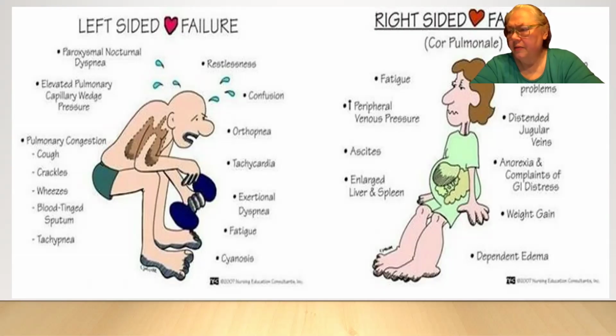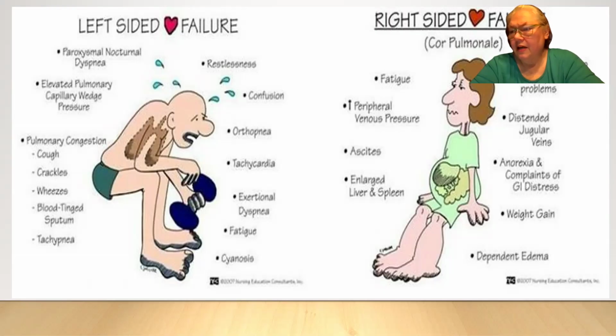This patient is exhibiting dependent edema, and they've had weight gain. They have a distended JVD. They're having ascites. Which is it? Is it right-sided or left-sided? If they say dependent edema, definitely right-sided heart failure is the answer to that. Are they experiencing right-sided heart failure?